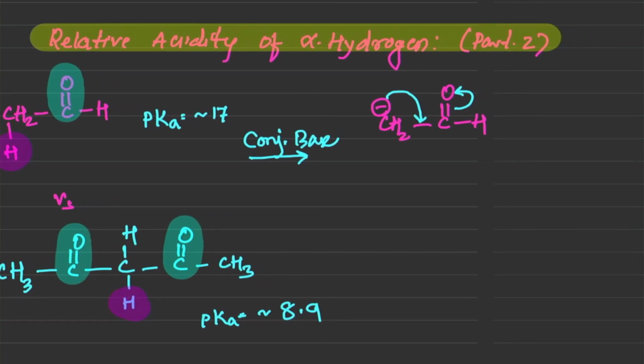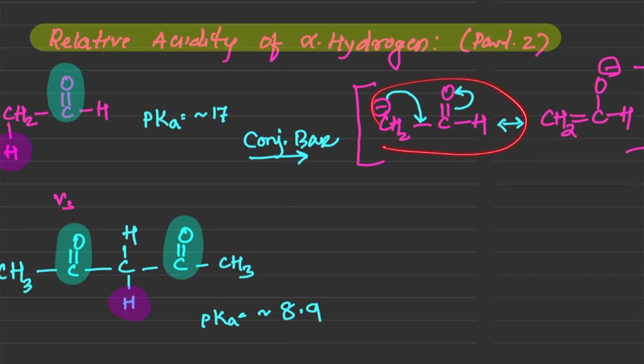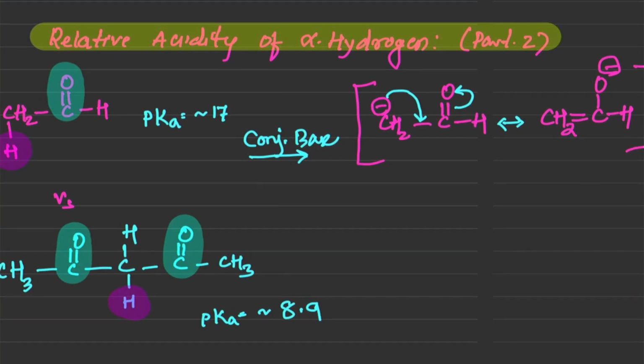When that happens, we can create a resonance contributing structure where the negative charge becomes the double bond, the pi electron, and O minus. In general, the hybrid structure is a hybrid of these two. So we have two resonance contributing structures here.